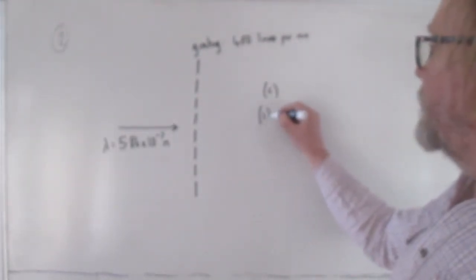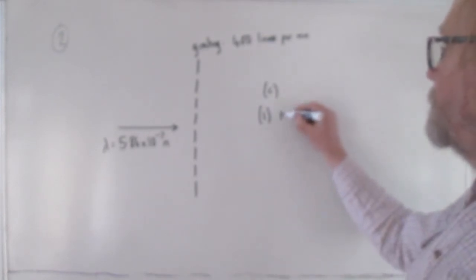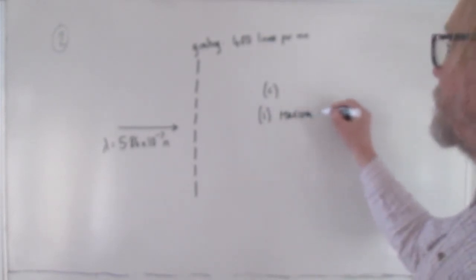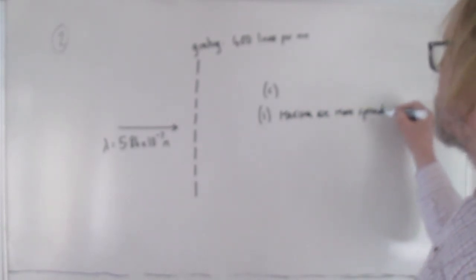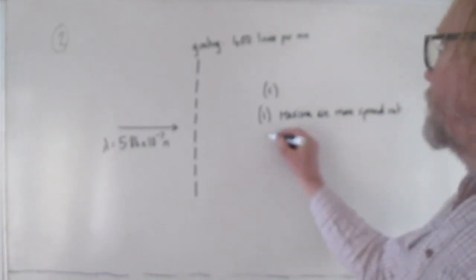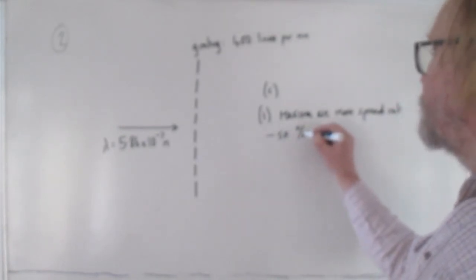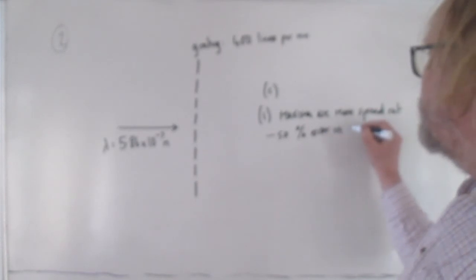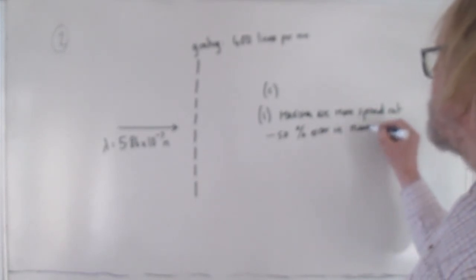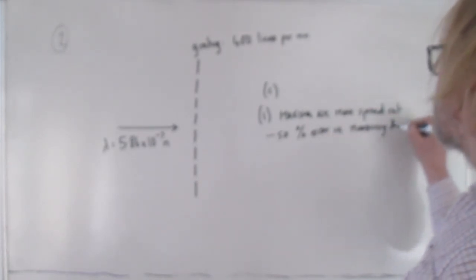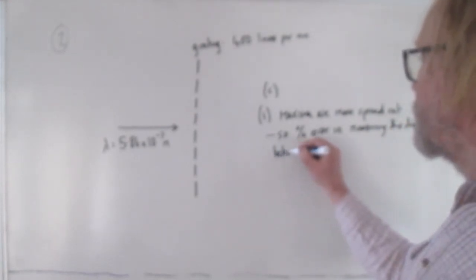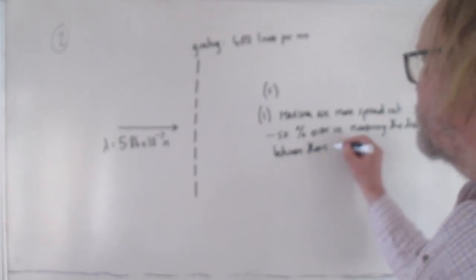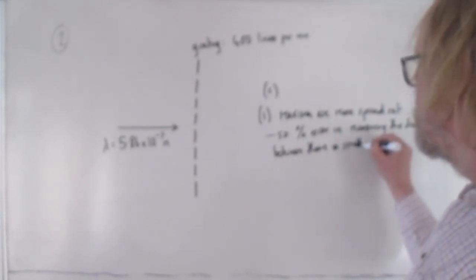So that's the first thing, is that the maxima are more spread out. So the percentage error in measuring the distance between them is smaller for a diffraction grating.